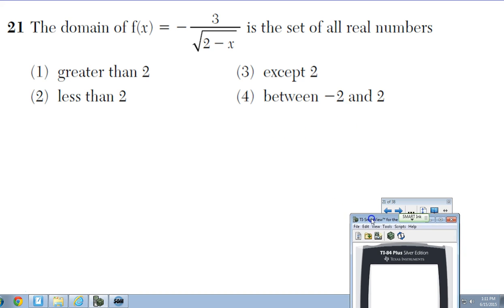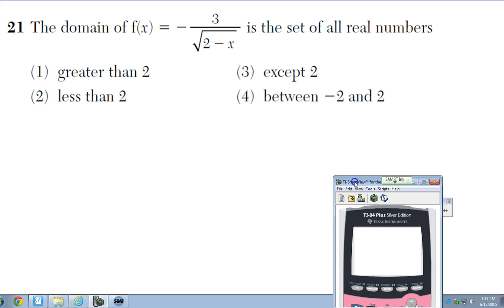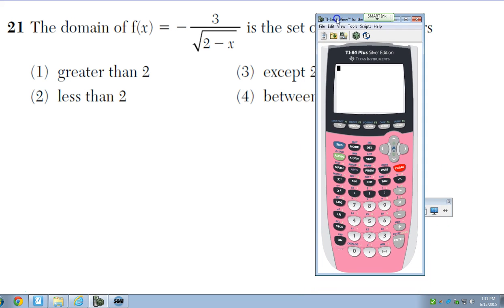We can either think about what x numbers would be good or bad for this particular function, or we could try to do a visual or look at the table.